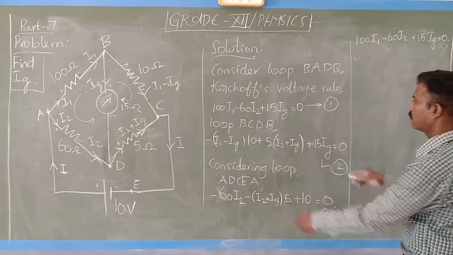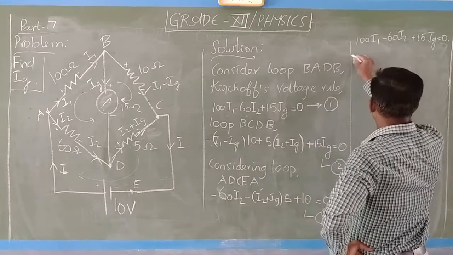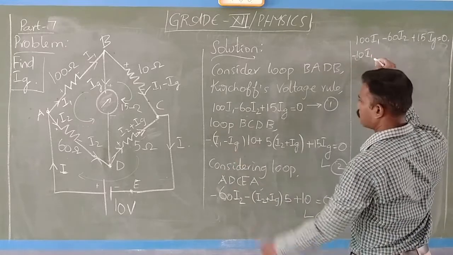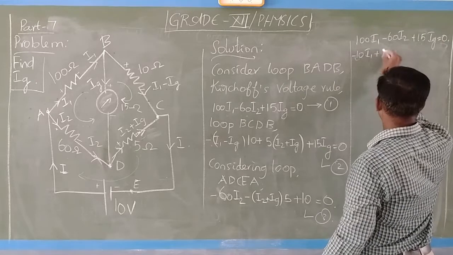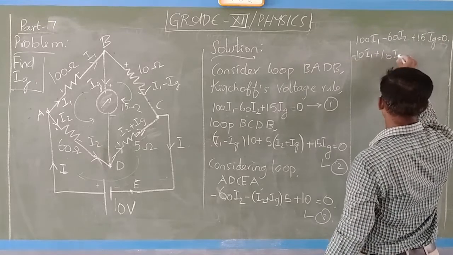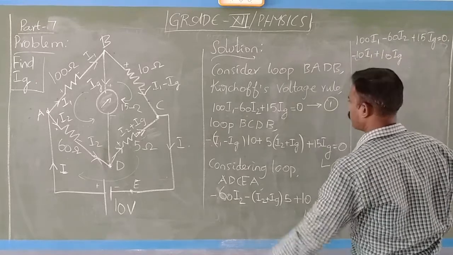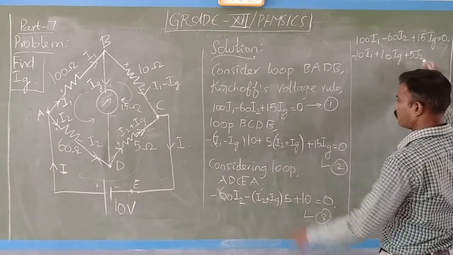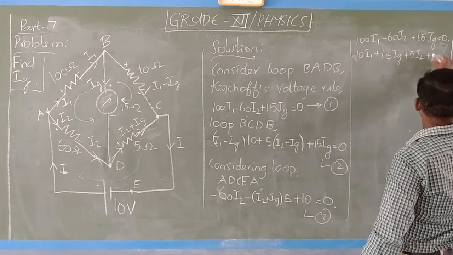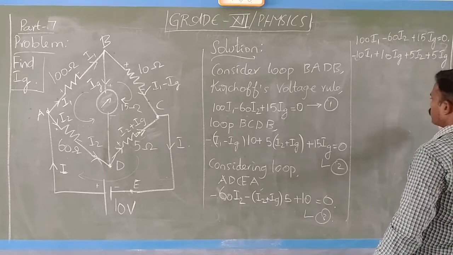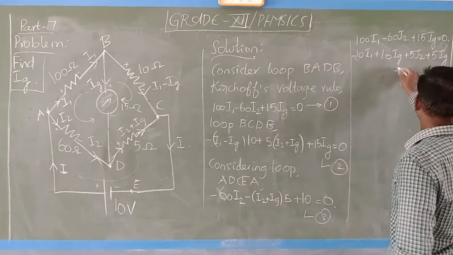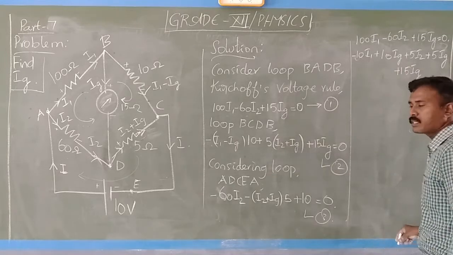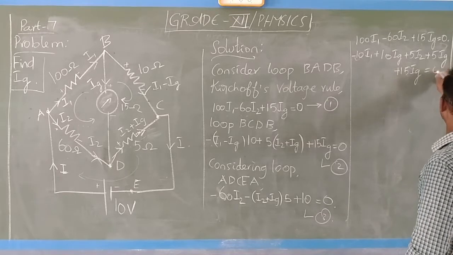Next, I will change everything. Minus 10 I1 plus 10 Ig plus 5 I2 plus 5 Ig plus 15 Ig. So you can try, students, equals to 0.